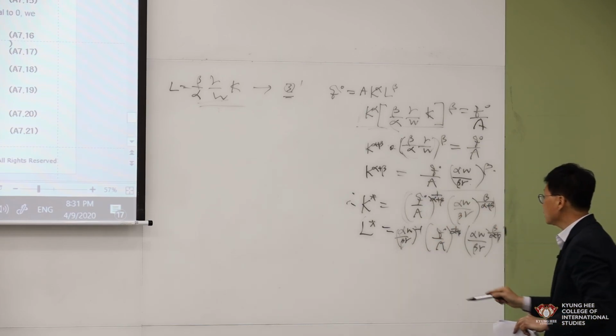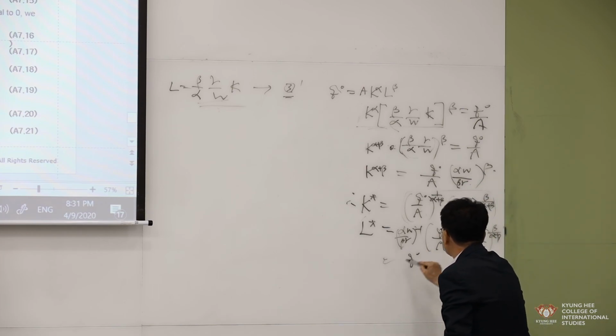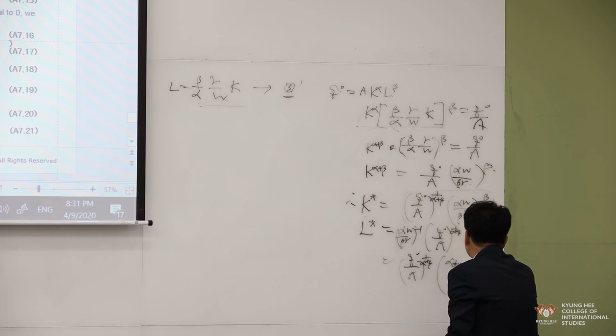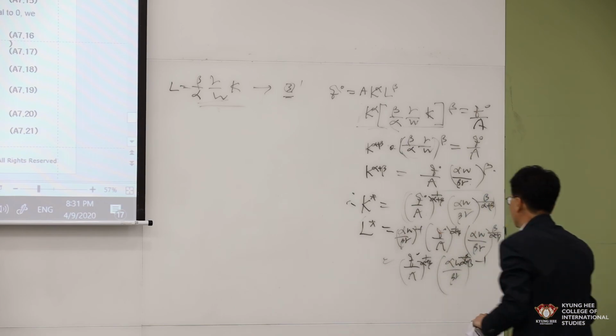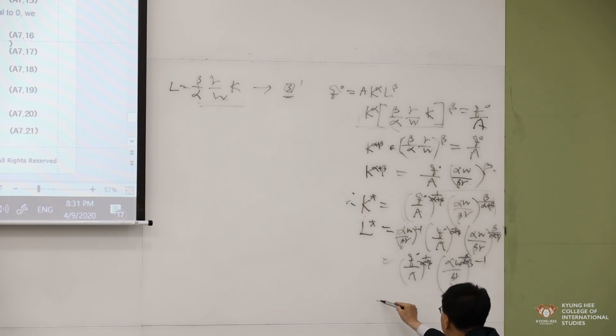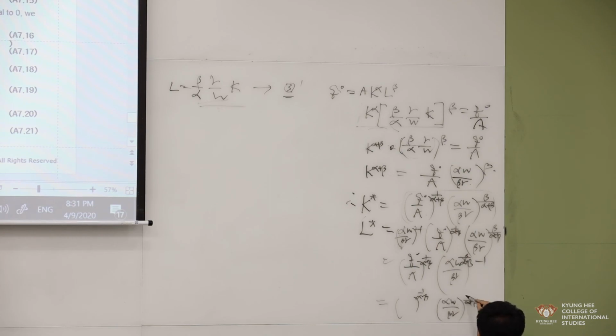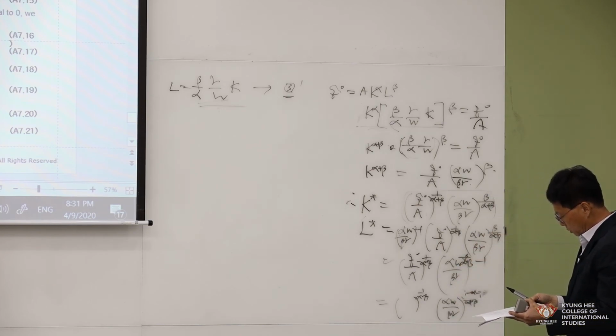Then Q0 over A to the 1 over α plus β, and α W over β R to the power of β over α plus β minus 1. Then this one is β minus α minus β, so minus α is left.